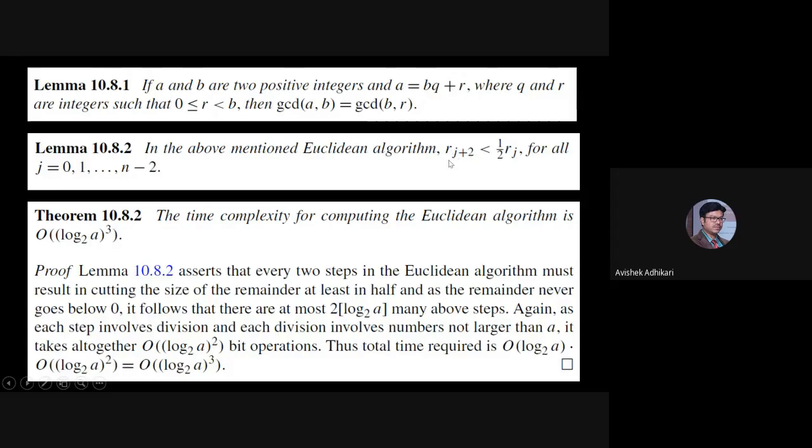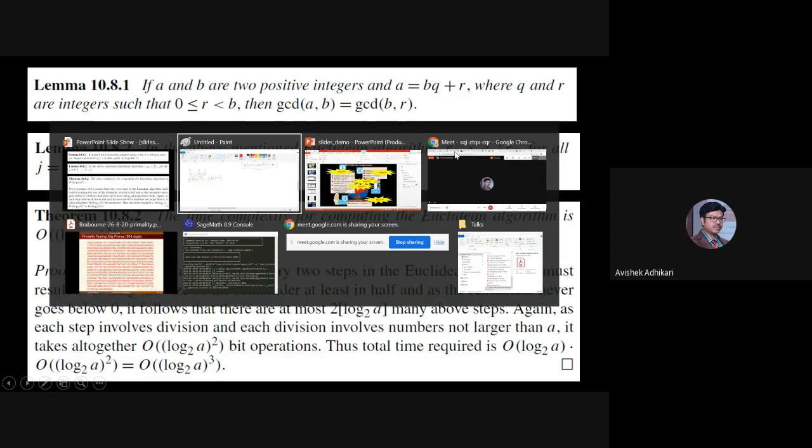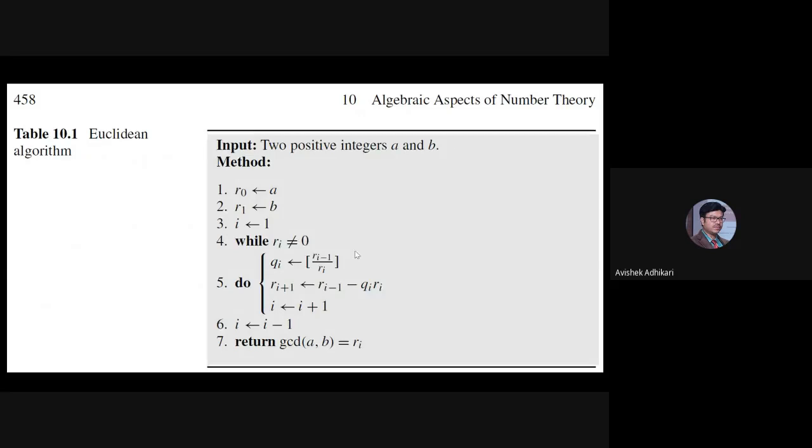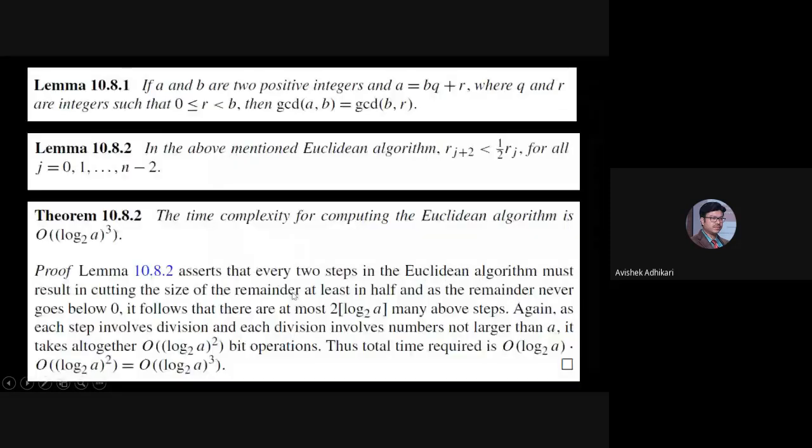Here i is getting incremented, and you are getting r1, r2, r3, and so on. If you continue doing that for two more steps, then r(j+2) is strictly less than half of r(j). What does it mean?